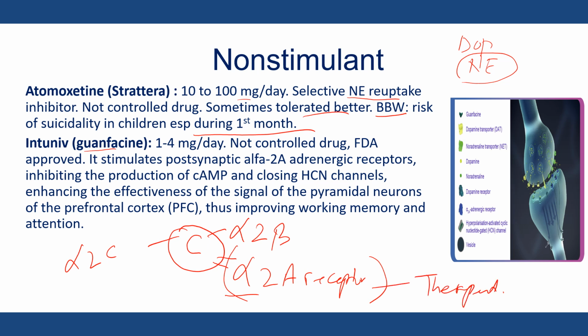That's what you want. But alpha-2B and C will actually give you the side effects from clonidine. And alpha-2 receptors in high concentration, especially in the thalamus, will actually give you side effects like hypertension and so forth.